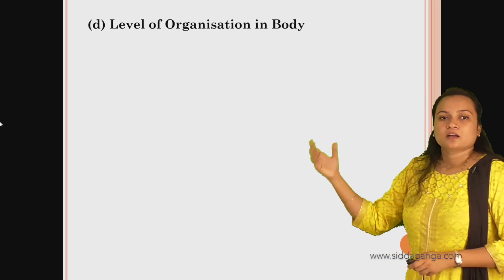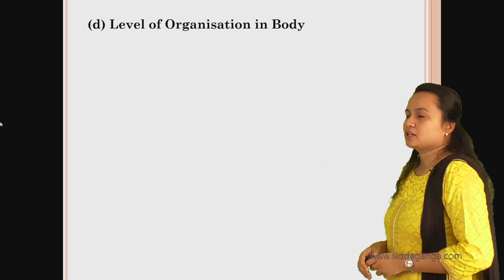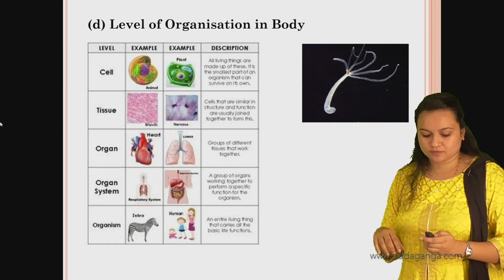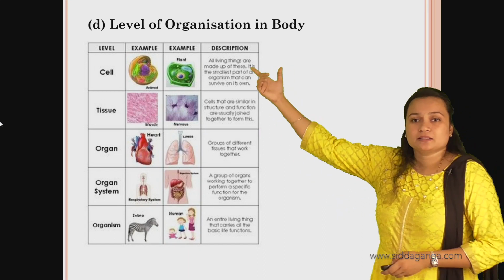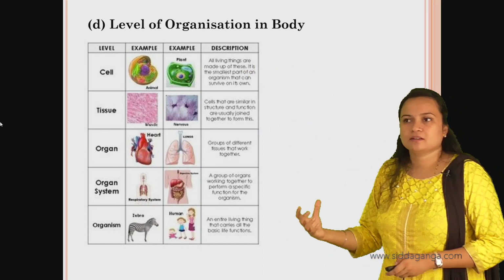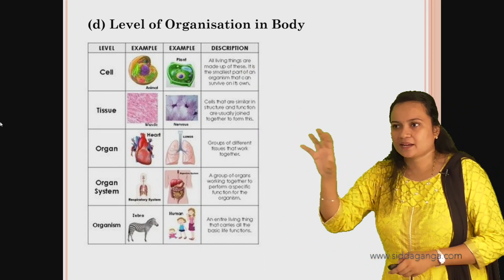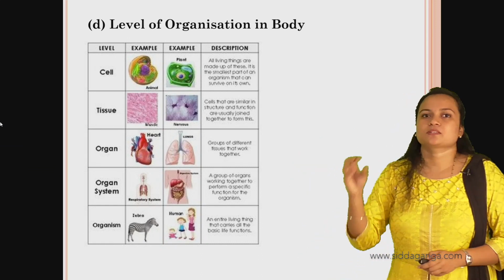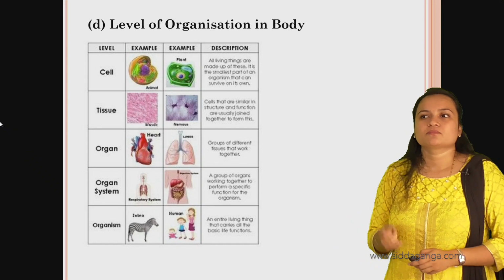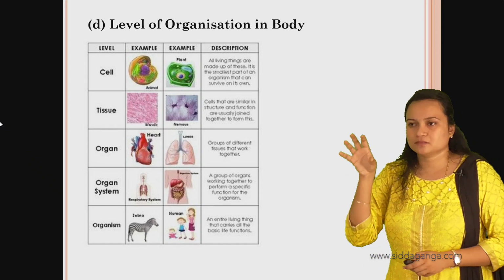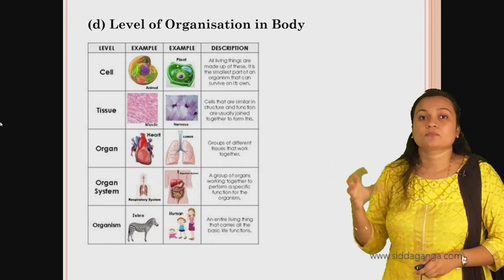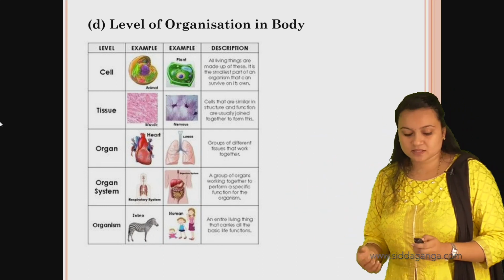Next, coming to the level of body organization. So what is this level of body organization? If you notice an organism's body, you will get to know whether they are at cellular level, tissue level, organ level, or organ system level.